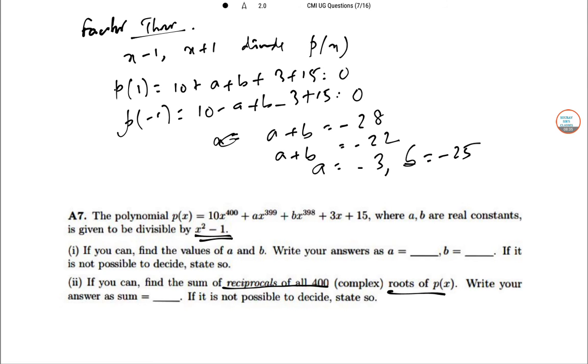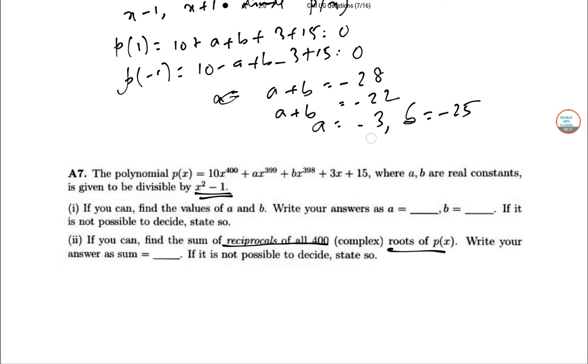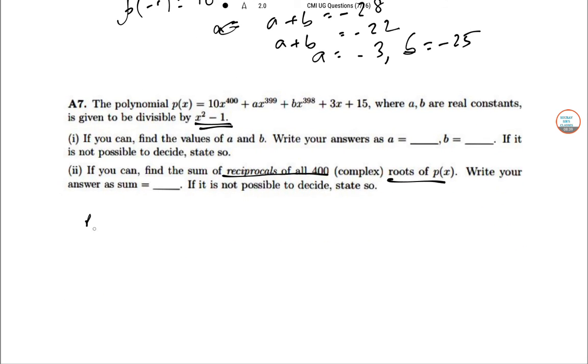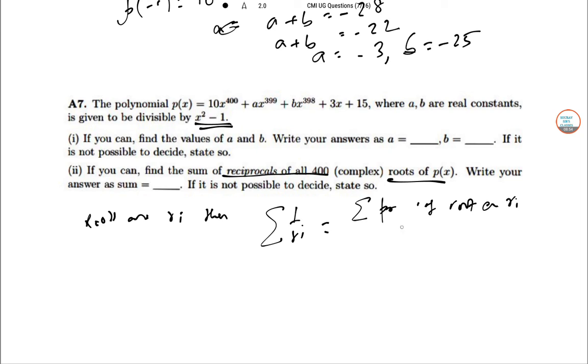So if the roots are ri, then summation of 1 by ri equal to the sum of products of all roots except ri, divided by the product of all roots.